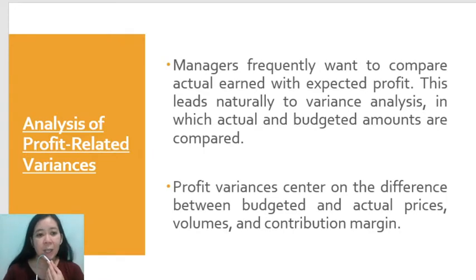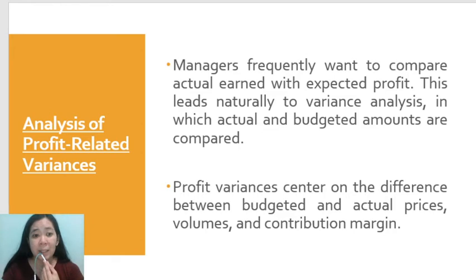Here, managers frequently want to compare the actual earned with the expected profit. This leads to variance analysis because actual and expected or budgeted figures are different. Actual and budgeted amounts are compared, and the difference is what we call variance.